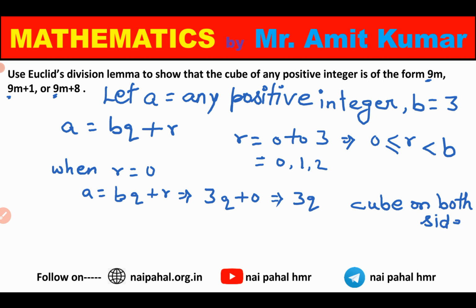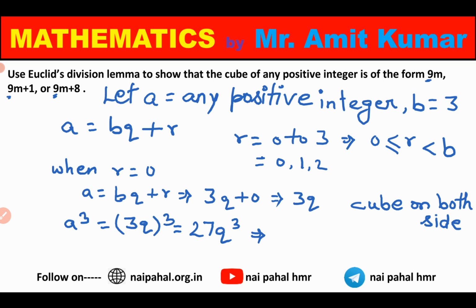If we do cube on both sides, then we get a cube is equal to (3q) whole cube. What will be the opening of the cube? 3 3 is 9, 3 9 is 27, q cube.